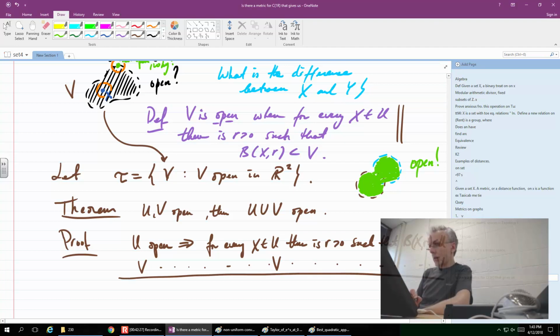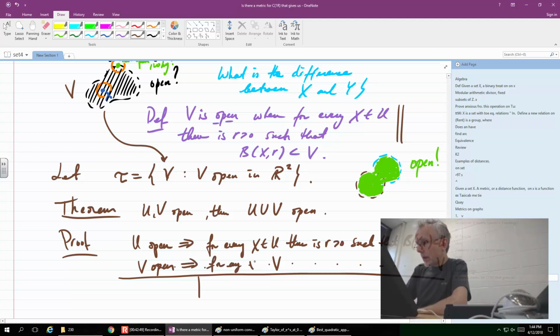So putting these two statements together, what can I say? I take the right part of these two statements, the part that starts with for every x. Well, let me write it out anyway.